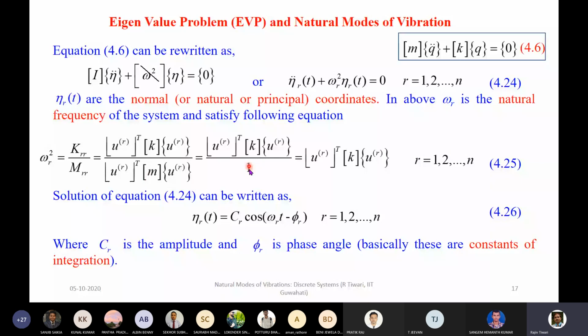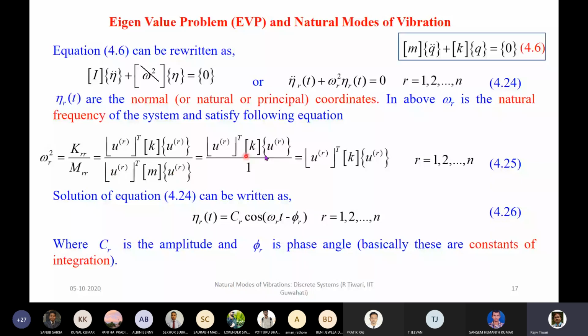If we are not doing the normalization of the eigenvector with respect to mass, then it will have some value which we can call Mrr. Or in that case, the K will take some value Krr. But because we prefer to normalize the eigenvector with respect to mass, this denominator will be 1.